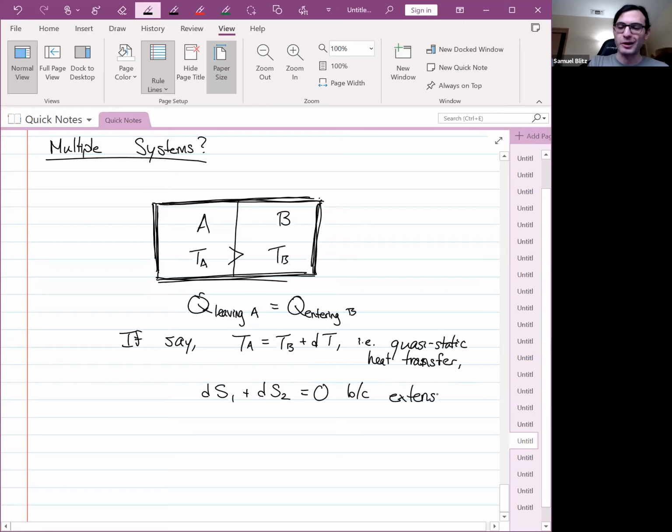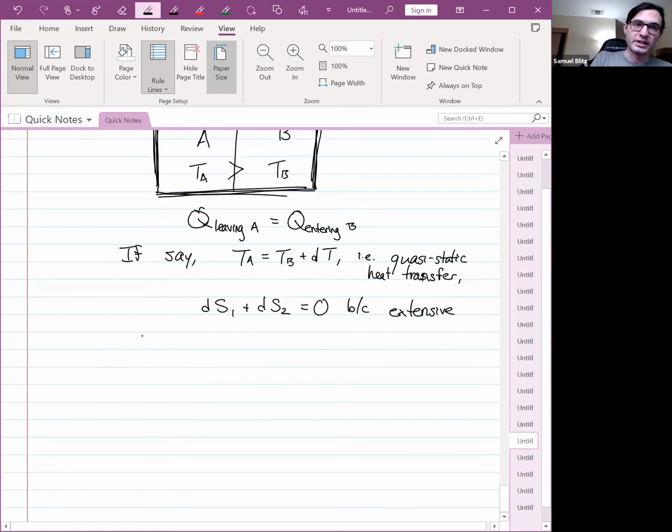Another way to see this, by the way, is the following. We would know that dQ1 should be equal to T1 dS1, and dQ2 is equal to T2 dS2. Now, we know that the heat that enters one leaves the other.